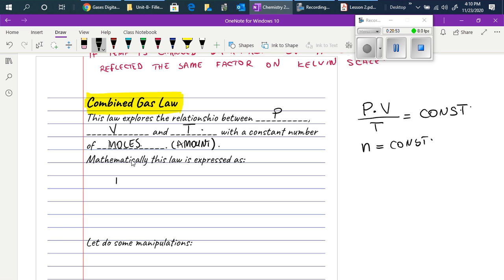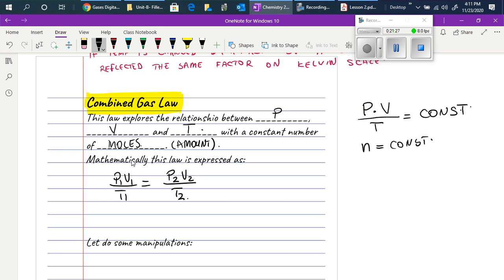In other words, the product of pressure and volume over temperature in the initial situation is the same as the product of pressure and volume over temperature in the final, or second, situation. So P1 V1 over T1 is equal to P2 V2 over T2, where 1 is the initial and 2 is the final.